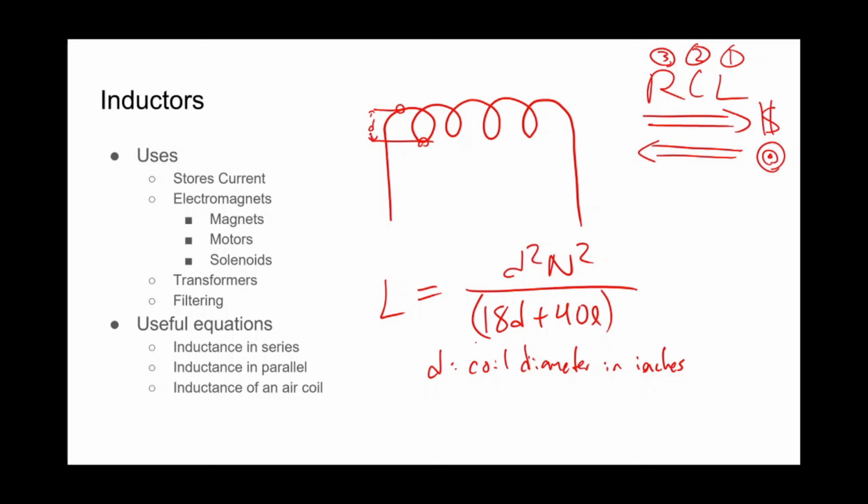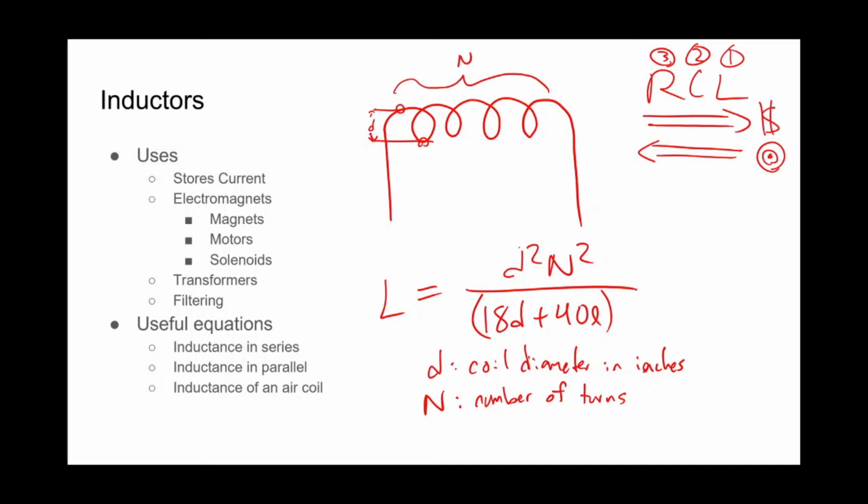All right. N is very simple. It's just the number of turns. So in this case, we have 1, 2, 3, 4, 5. So 5 turns. Make it more abstract.